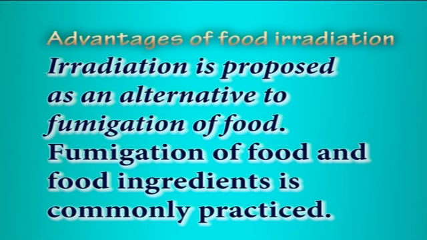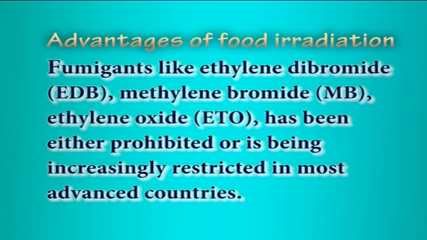Advantages of food irradiation. Irradiation is proposed as an alternative to fumigation of food. Fumigation of food and food ingredients is commonly practiced. Fumigants like ethylene dibromide (EDB), methyl bromide (MB), and ethylene oxide (ETO) have been either prohibited or are being increasingly restricted in most advanced countries.